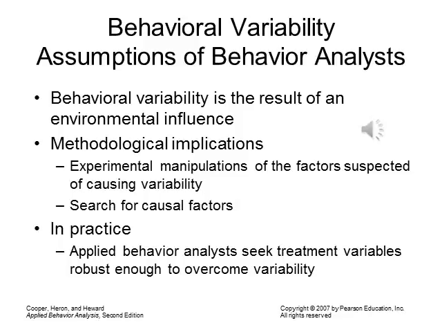But the methodology of any research, and the methodology in ABA, is to search for what's causing changes in behavior. In practice, again, we want to find treatments that are robust enough to overcome other kinds of variability, and not just overcome them, but produce significant and important changes. It's the idea of being effective.